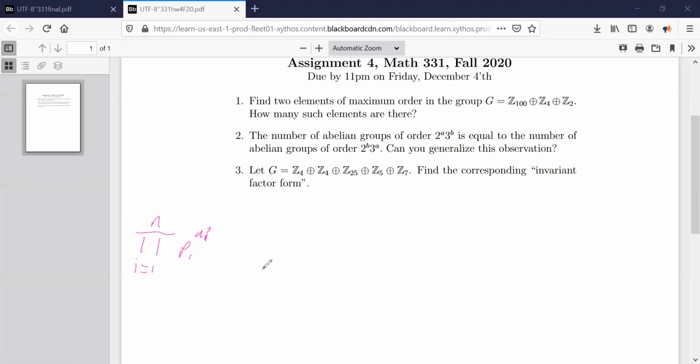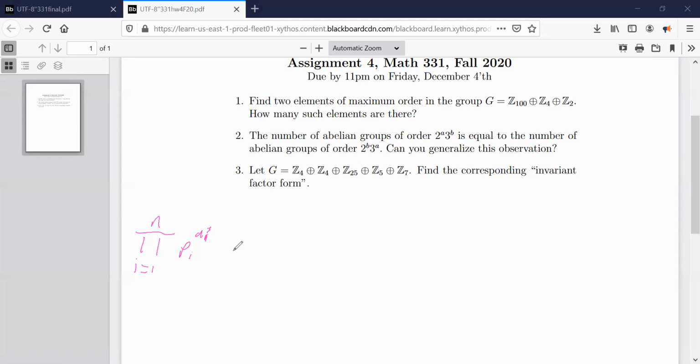How many different abelian groups are there of this size? It's going to be the number of partitions of our a_i's. At first I wrote a_1, then I changed it to a_i.